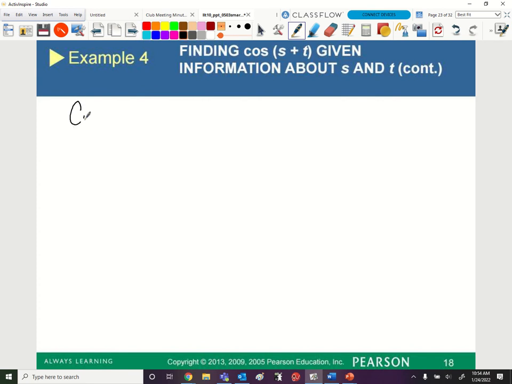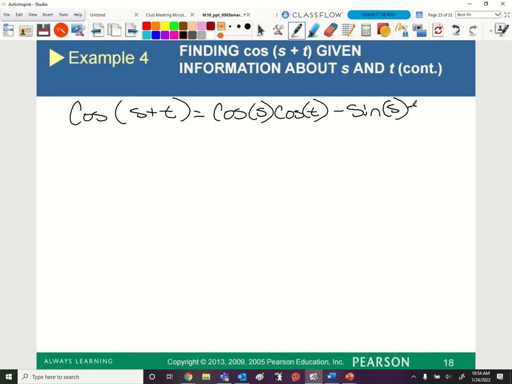So we're finding cosine of s plus t. So I'm going to expand this using my reference sheet. This is going to go cosine of s, cosine of t, minus sine of s, sine of t.